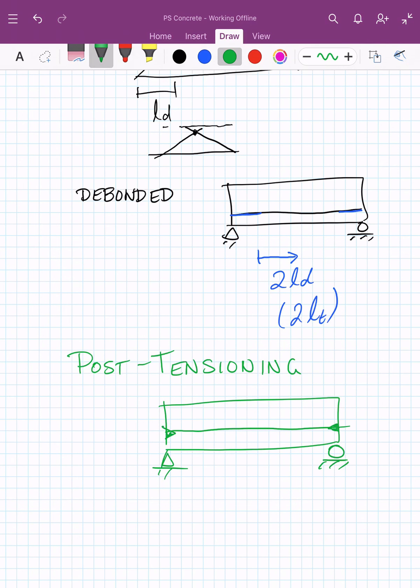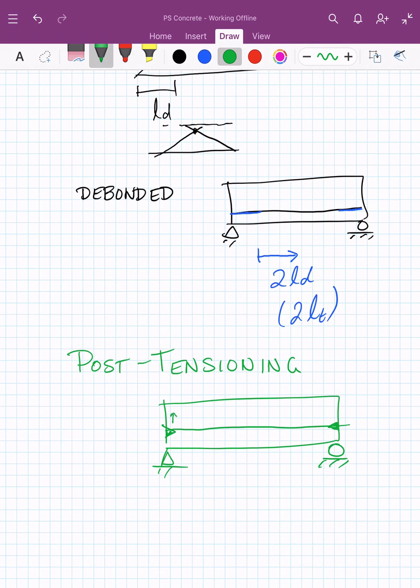You transfer that over, and so you can reach the full prestress in that strand right away along the length. And so we'll get into some more detail with losses about how things might change along the length, but essentially we don't have a ramping up or development length. What we do end up with is a lot of bursting stresses right here at the anchor zone, and so we have to put some special reinforcement in that local zone to handle that.